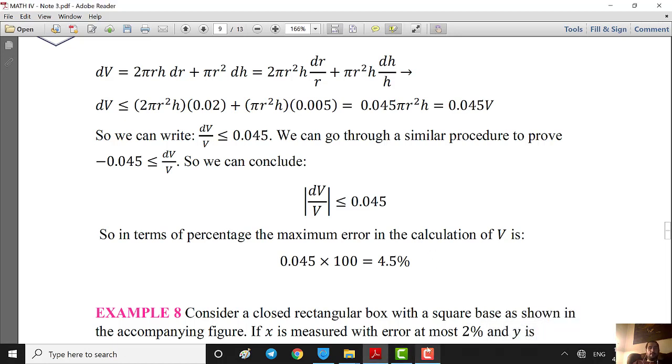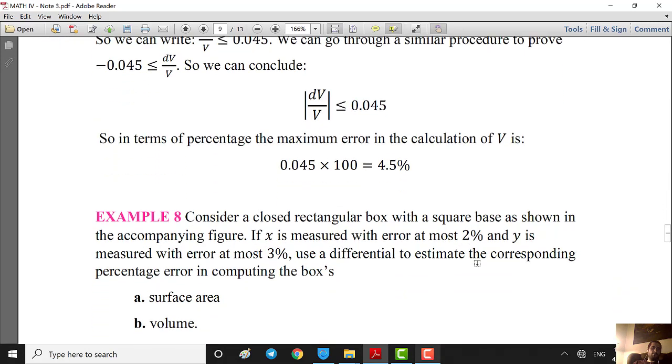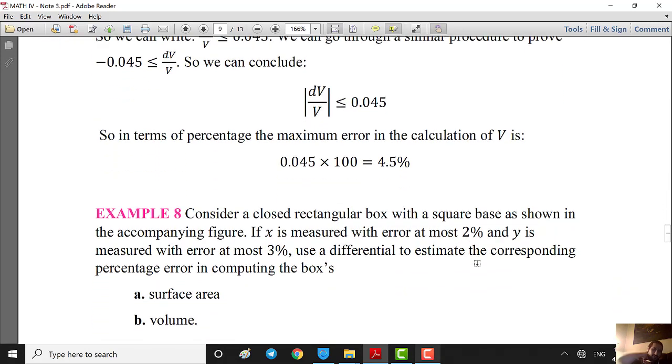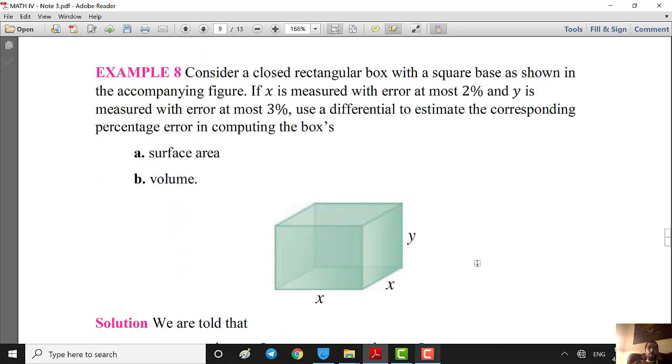Okay, now we are ready to move to the next example, which follows the same rules but has a little bit more complications when it comes to calculations. Example 8 says, consider a closed rectangular box with a square base as shown in the accompanying figure.